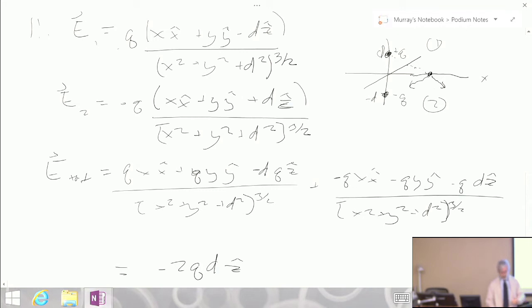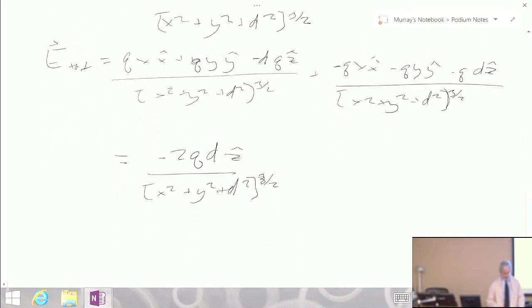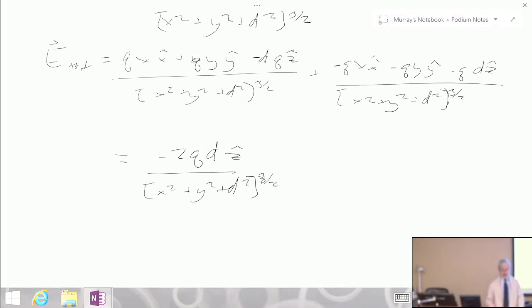And they're pointing somewhat in opposite directions. The component that isn't opposite is in the negative z-hat direction. So it points downward, which makes sense because the electric field generally will point towards the negative, away from the positive. Right? And notice that the x and y components of all these things cancel out exactly. And so the electric field is quite simple.